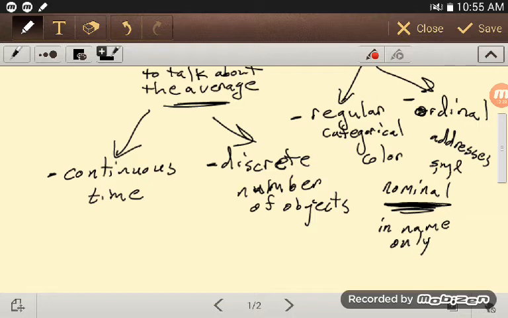The word means a name only, and so, for instance, if you know much about construction materials or something like that, we have boards that are called 2x4s, 2 inches by 4 inches. Well, that's actually nominal. It's in name only because they are not 2x4s.